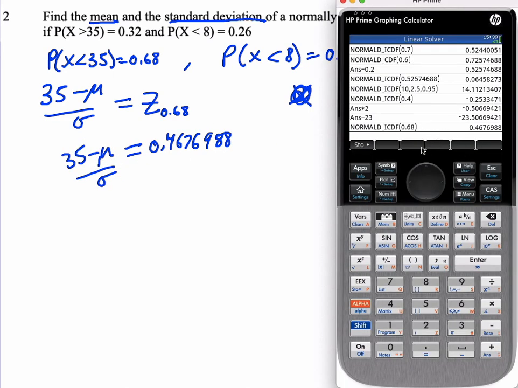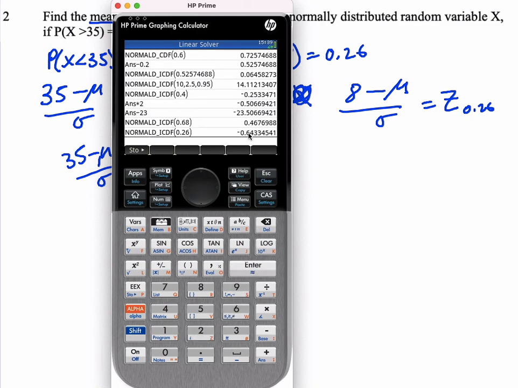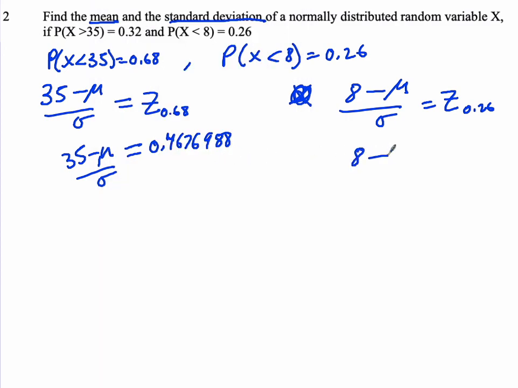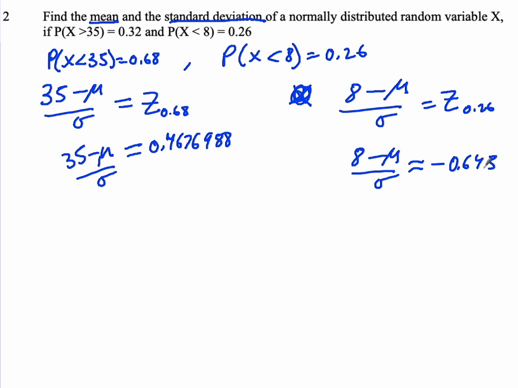And for the other one, let's copy and paste that. And what was it again? 0.26. And we get negative 0.643. 8 minus mu over sigma approximately equals negative 0.643. Okay, these are two simultaneous equations, and we're going to solve it with our calculator in a second.